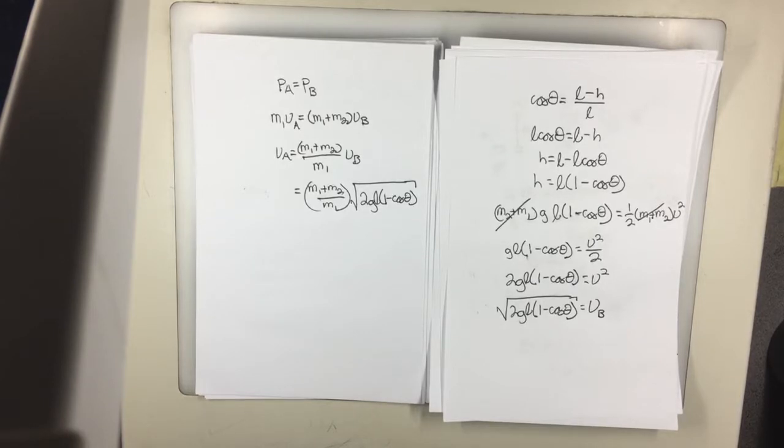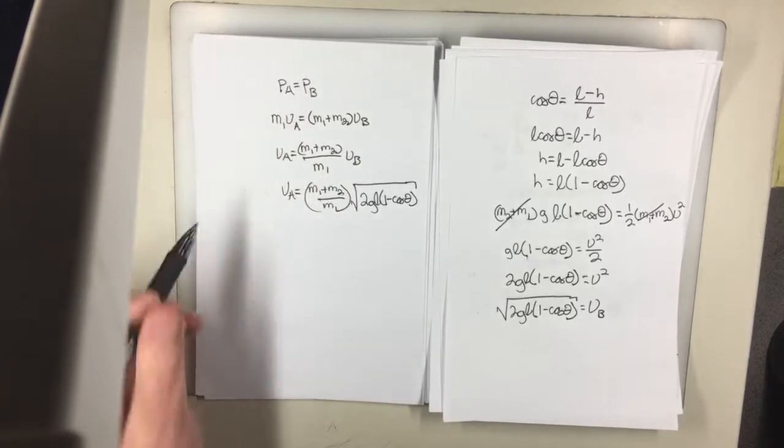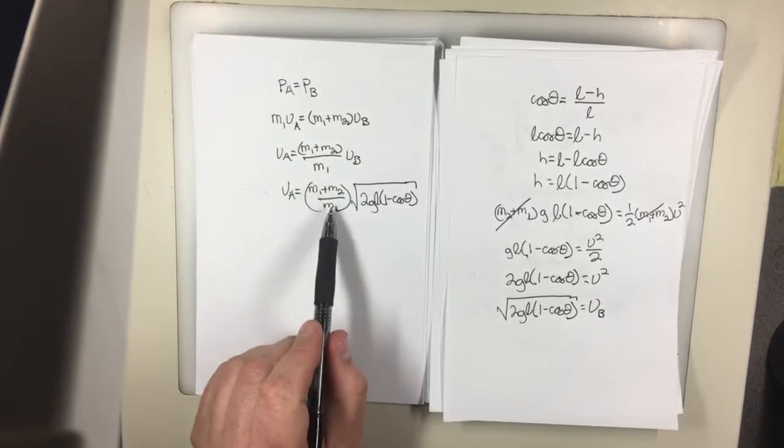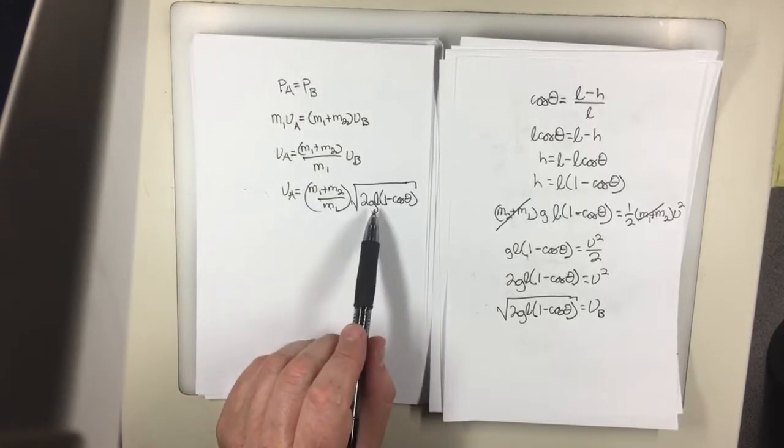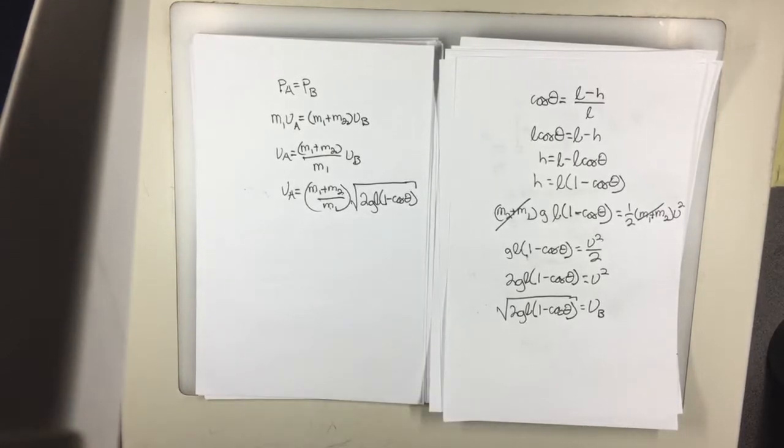So now we have one expression. The velocity of the ball is a function of mass 1, mass 2, gravity, the length of the bar, and theta. So it doesn't matter what numbers I give you, you can just plug it in and get it yourself. Once again, this is one of the advantages of doing it in alphabet soup mode, where you write out all the letters.